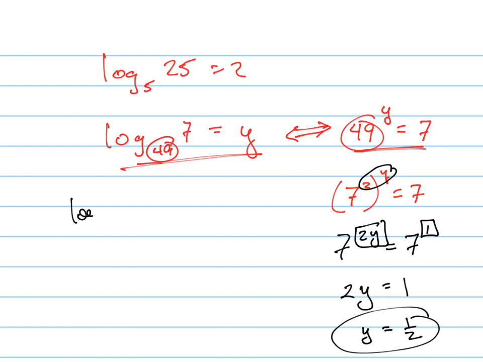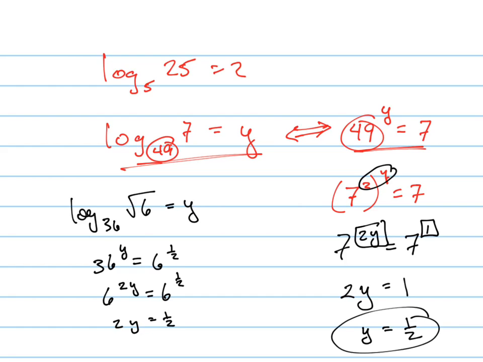So if I had the log base 36 of root 6, same kind of deal. I'm going to call that y. I'm going to rewrite this as 36 to the y equals 6 to the 1/2. I did two steps there. Got it? Which is like saying 6 to the 2y equals 6 to the 1/2, which is like saying 2y equals 1/2, right?